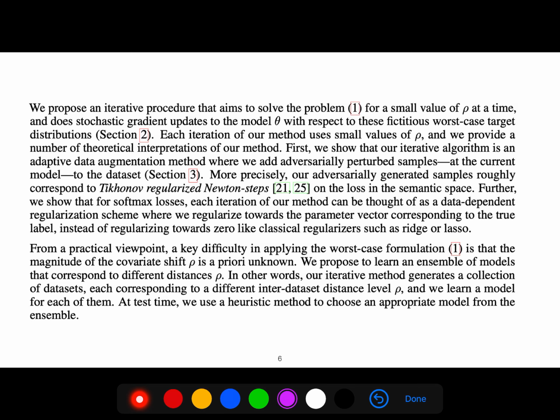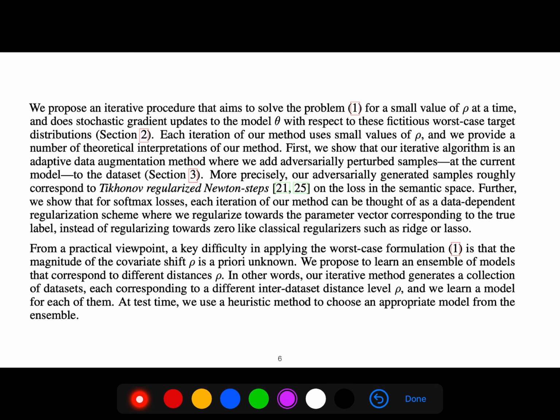And from a practical viewpoint, a key difficulty in applying the worst-case formulation that I showed you is that the magnitude of the covariate shift rho is a priori unknown. And we propose to learn an ensemble of models that corresponds to different distances.